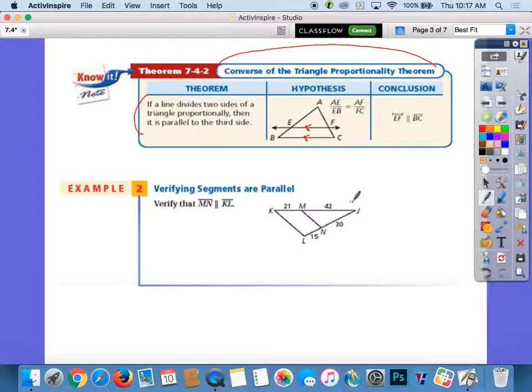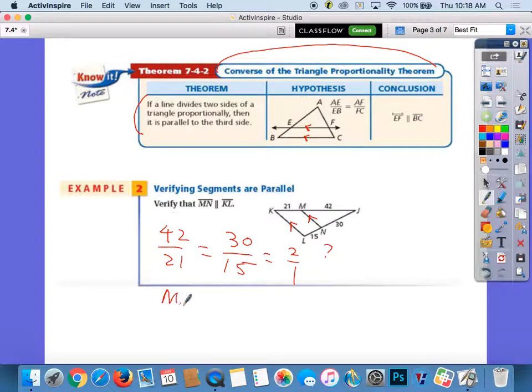Okay, so we're basically asking ourselves, is MN parallel to segment KL? All right, so does 42 over 21 simplify to the same ratio as 15 over 30? Well, they both simplify to 2 over 1.